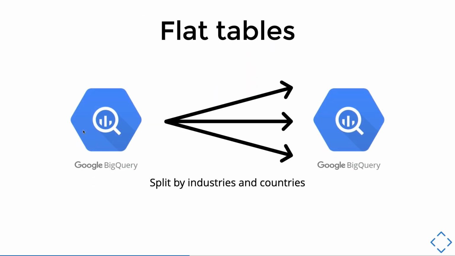And finally, we will have our flat tables. Our flat tables will be split by industry, the 5 I presented you before, and by countries. So we will be able to go from 1 petabyte of data to a lot of tables, but with some terabytes. So it's quite less and easily queryable.